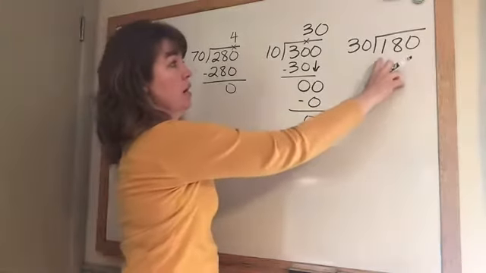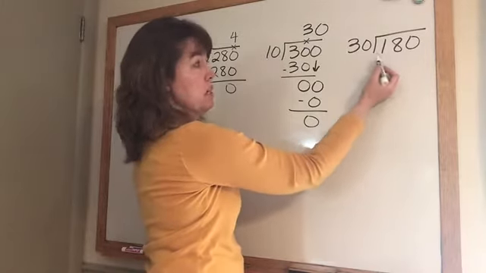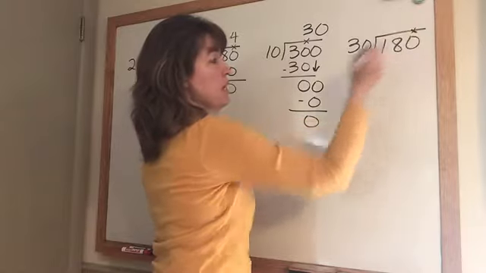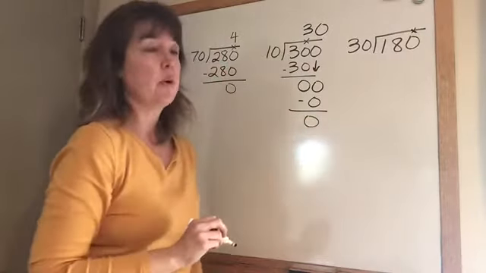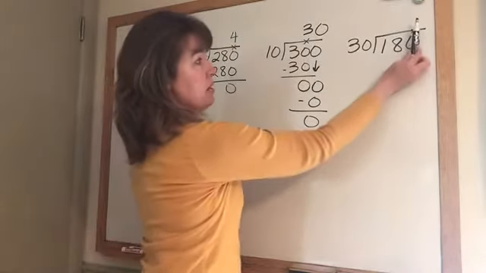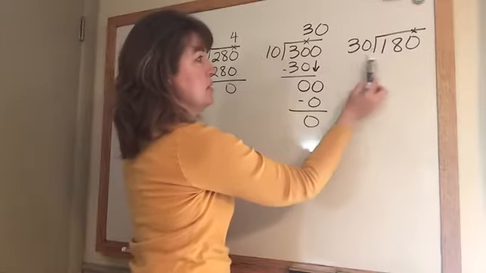Now 180 divided by 30. 30 can't go into 1, 30 can't go into 18, but 30 can go into 180. So put an X above your 0. Now just mentally take your zeros away. How many 3s are in 18?